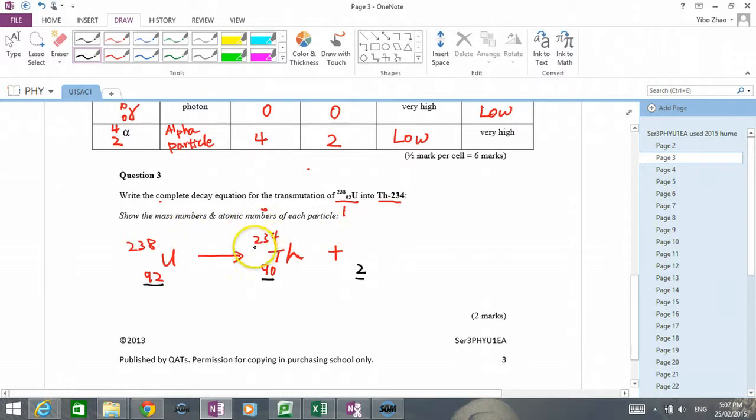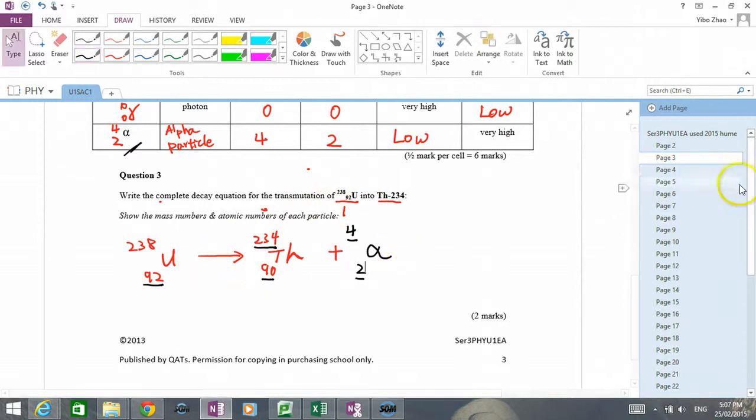Same thing: 234 plus a number has to be 238, so the missing number must be 4. So the mass number is 4, the atomic number is 2, and now we have an alpha particle. So this is alpha decay.